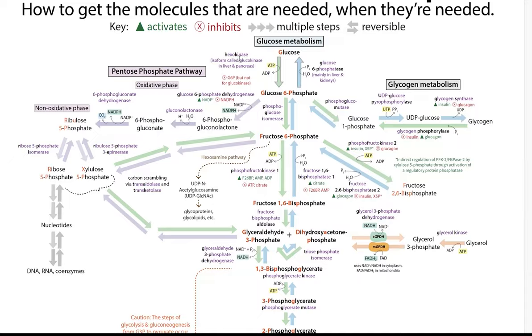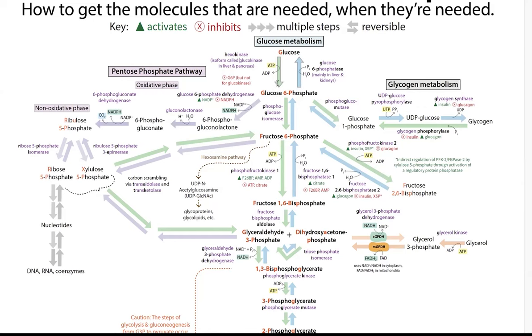So it's more like they are able to remove a stop sign, but they can't control the fact that it's a one-way road. Enzymes cannot change the direction of a reaction, which is why if we want to go back from one of these one-way arrows, we need to use a different enzyme that catalyzes a different reaction that has the overall effect of reversing the actions of this enzyme.